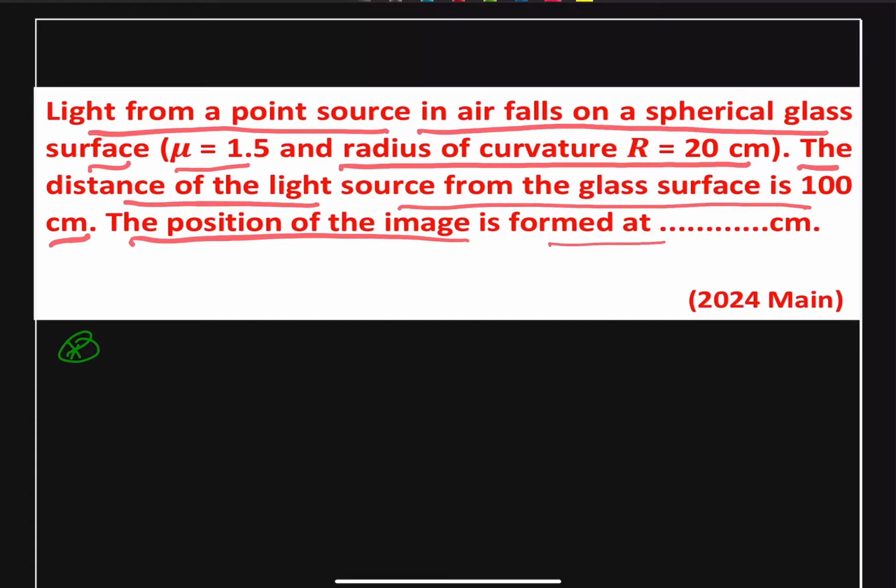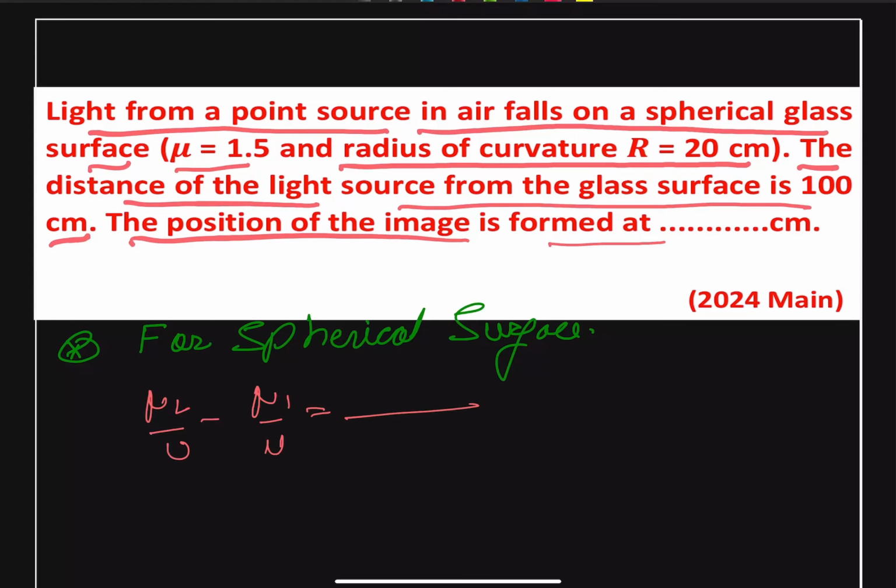So we know that for spherical surface, mu2 by v minus mu1 upon u is equal to mu2 minus mu1 upon r. And we have to remember that mu1 is the incident medium and mu2 is the refractive medium.